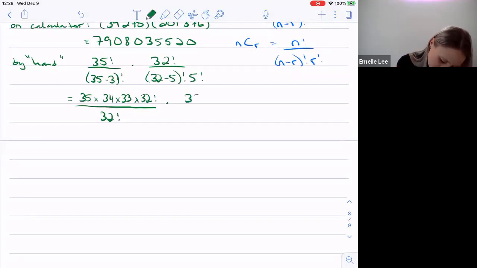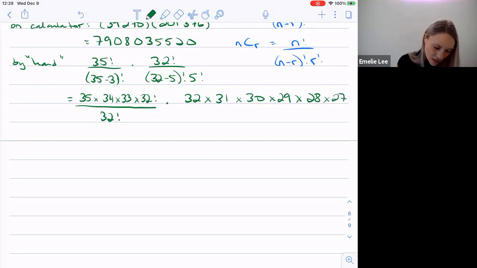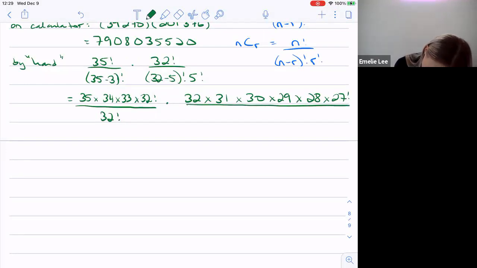Times 32, let's see here, 32 minus 5 is 27, so I have to go 32 times 31 times 30 times 29 times 28, 1, 2, 3, 4, 5 terms, over 27 factorial times 5 factorial.